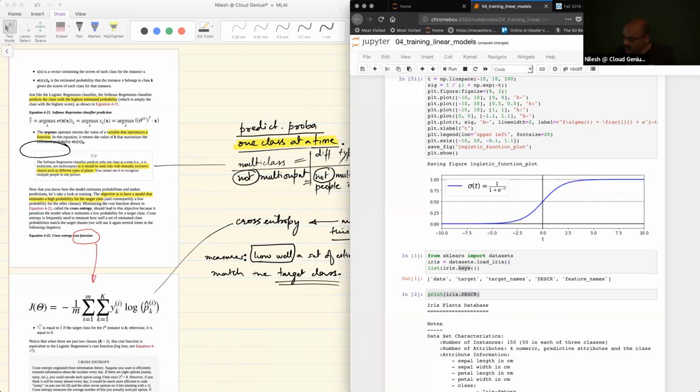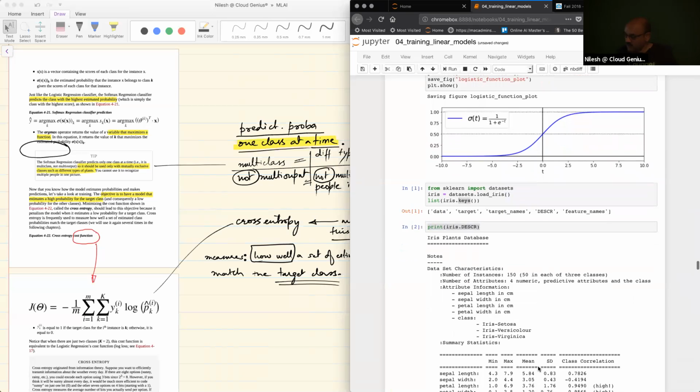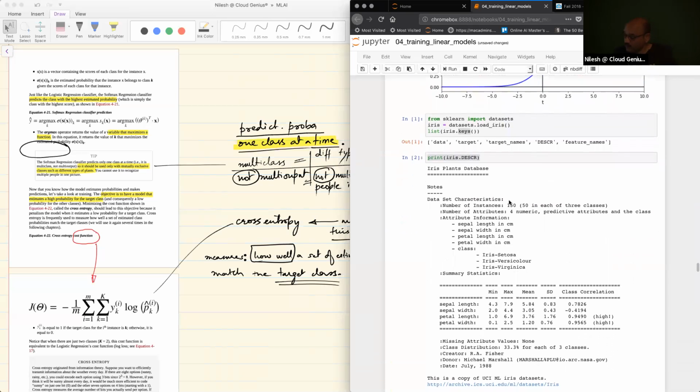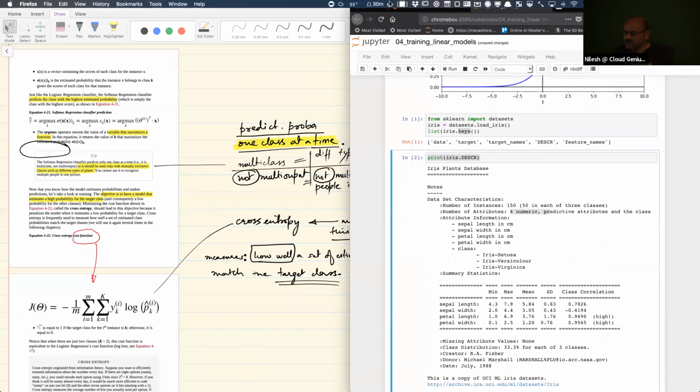The Iris plants database contains 150 instances with 4 numerical attributes, and the attribute information are sepal length, width. We already discussed that, and there are 3 classes: Setosa, Versicolor, and Virginica. And here are the summary statistics available to us.